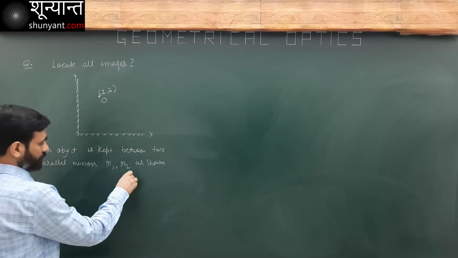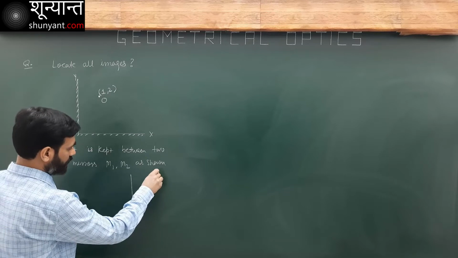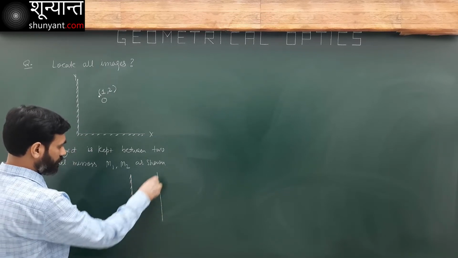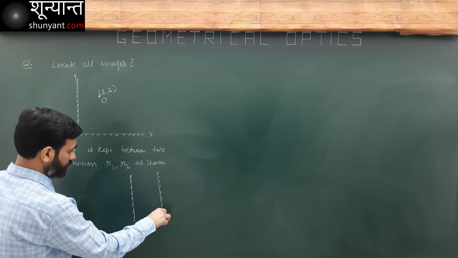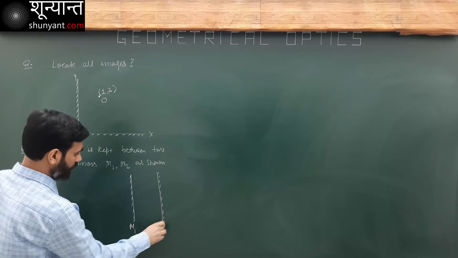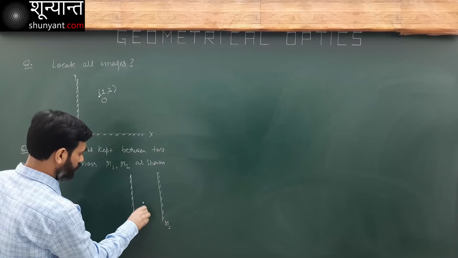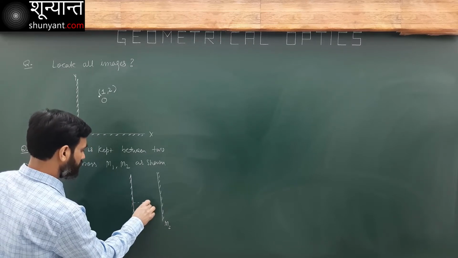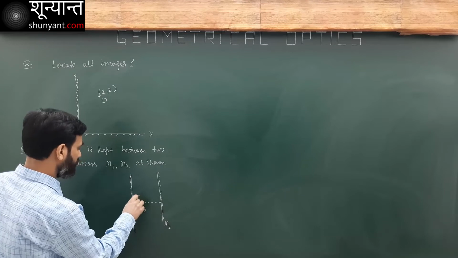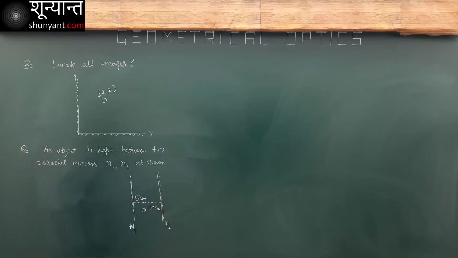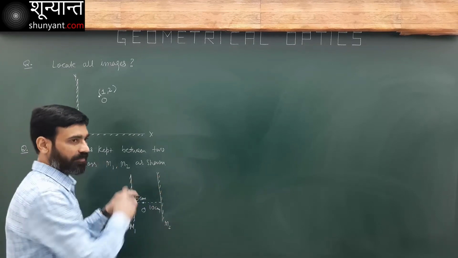Okay, here there are two parallel mirrors. This is M1 and M2. I have an object here. This is my object O. What are the distances? Let's say that this is 5 centimeter and this is 10 centimeter. Distance between the mirrors is 50 centimeter.